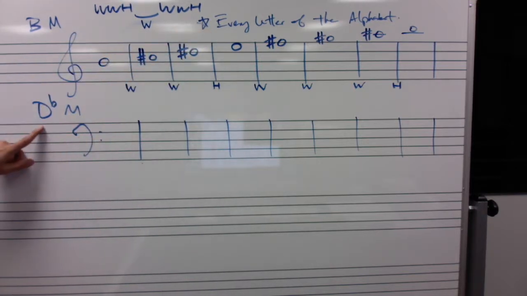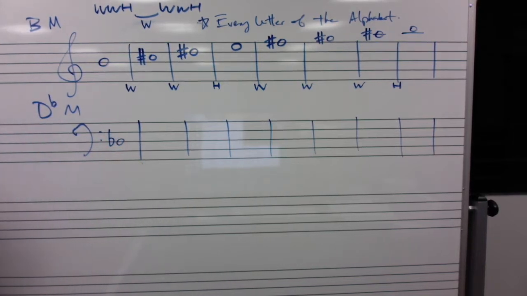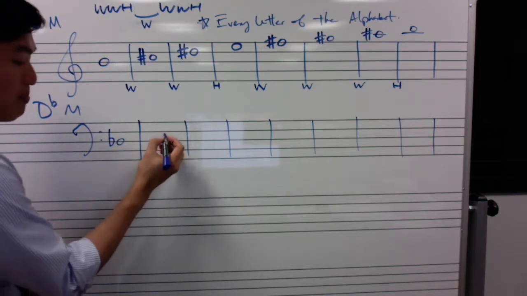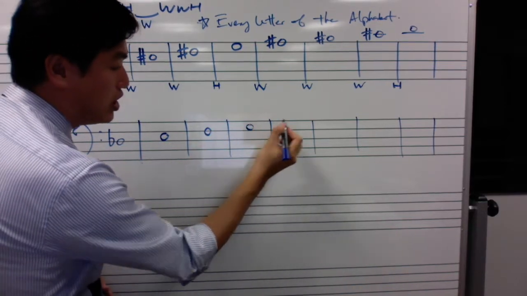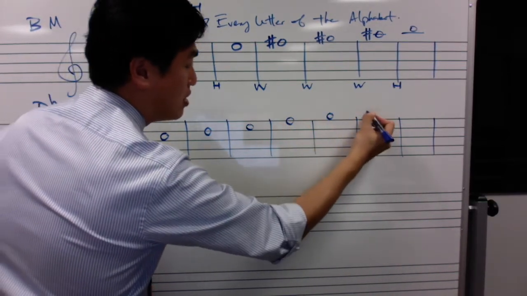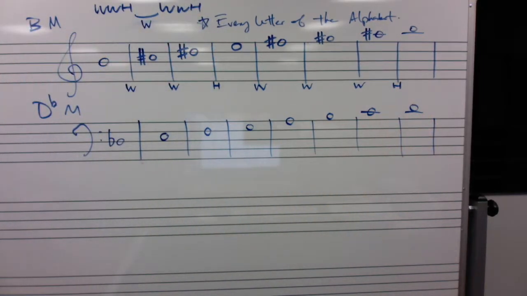So for example, I'm going to start with D flat major. One strategy I could use here, because I know that every scale uses all the letters of the alphabet, is to start by putting down the letters D, E, F, G, A, B, C, and D, right? Which is similar to what some of you have done for the quiz.